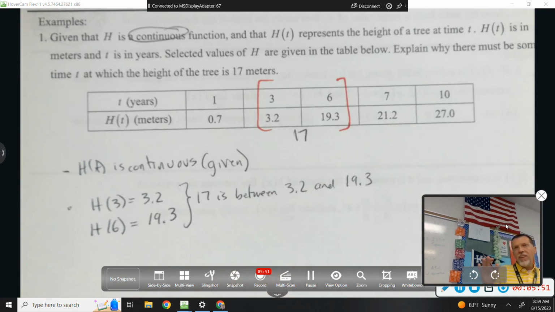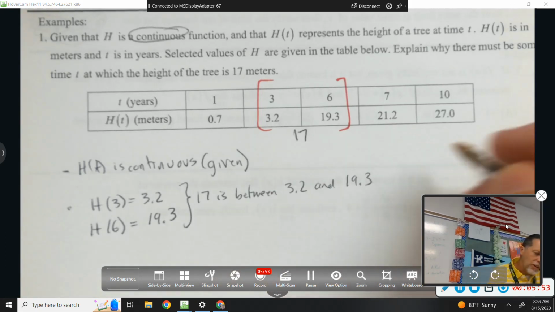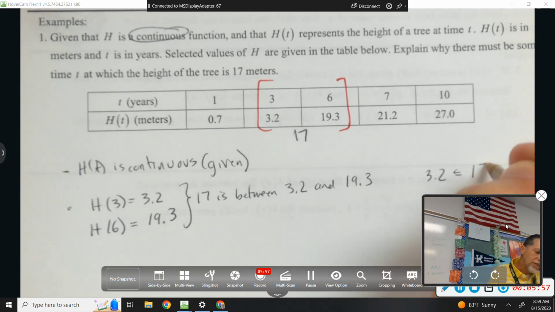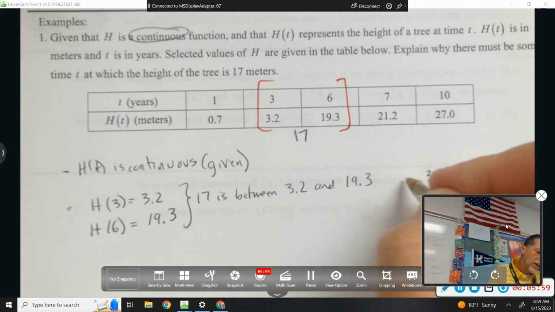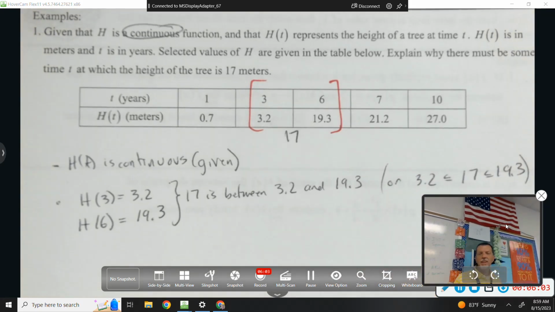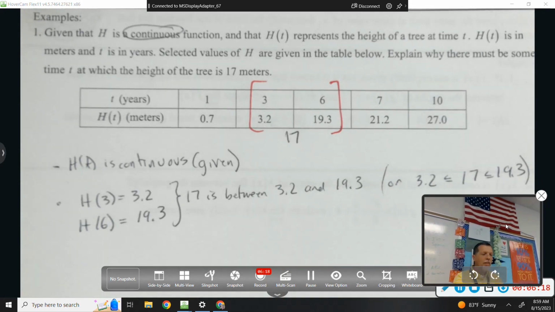Now, if your brain is thinking a little more mathy, then you can write it as 3.2 is less than or equal to 17 is less than or equal to 19.3. That says the same thing. It's shorter, but maybe it's not as intuitive to write it like that. So if you're thinking through it, you might write it out. If you really have a grasp of what's going on, you might shortcut it. Those are identical statements, so say them either way you like.